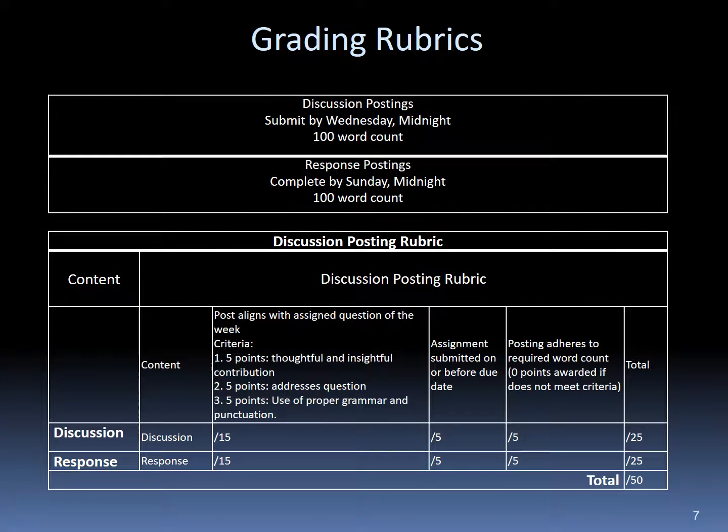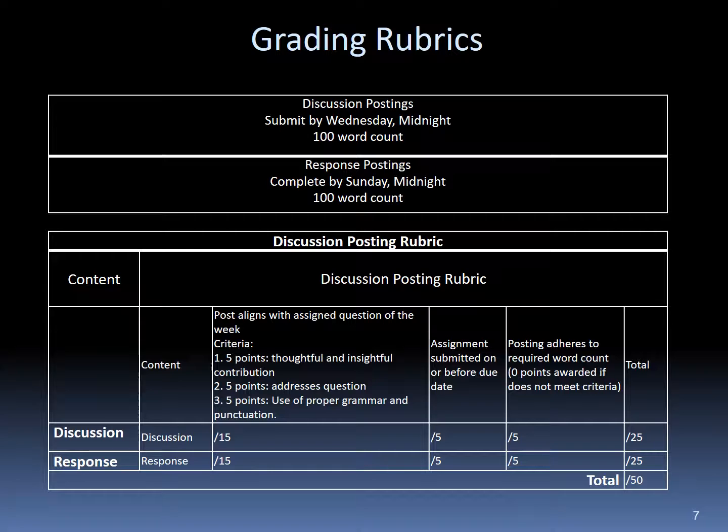There are grading rubrics for all assignments. These rubrics should be reviewed prior to submission to ensure all components of the assignment are met. The following is the rubric for discussion and response postings that are incorporated into the course. Each posting must be 100 words in length and align with the assigned case study question for the module.